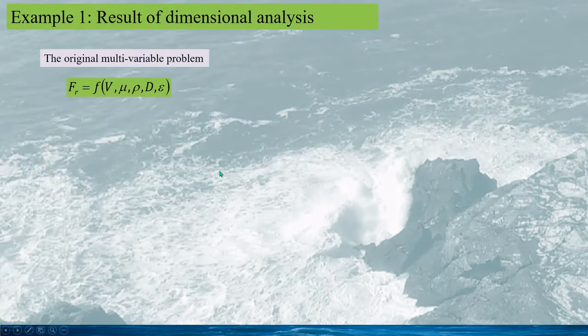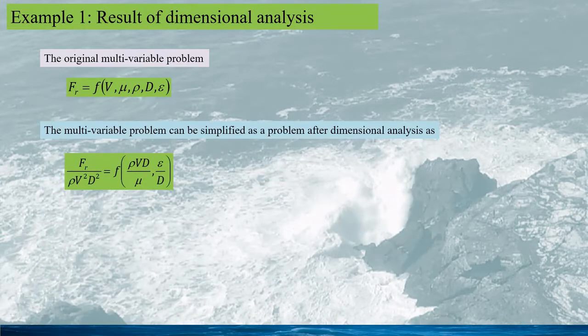The original multivariable problem for the fluid friction has 5 variables for the function. After the dimensional analysis, the multivariable problem can be simplified like this.